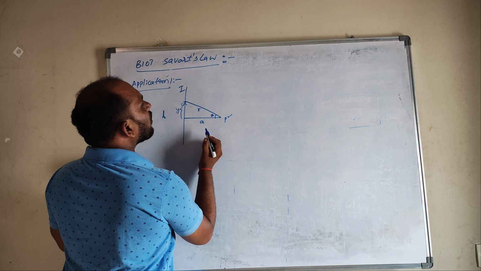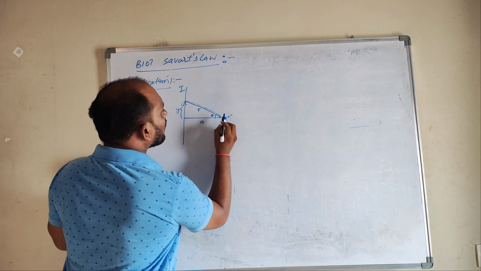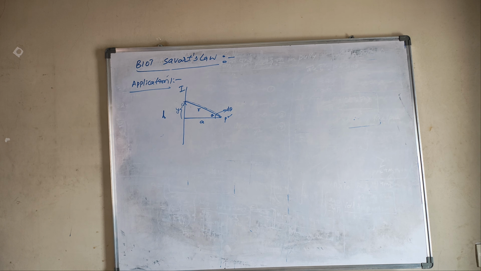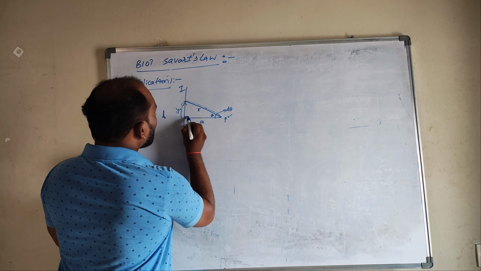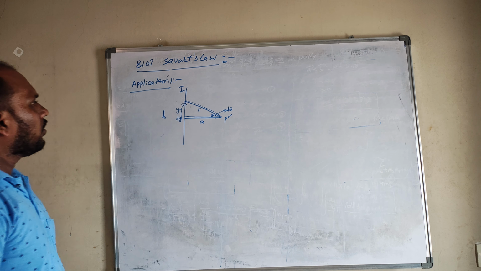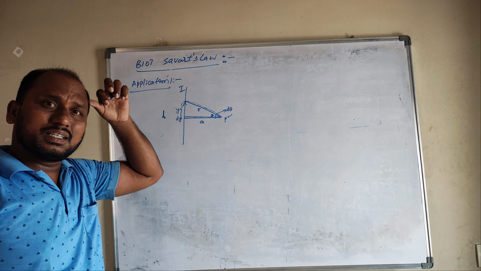Let us say this is R, and this is d theta, and this smaller part is dy. This is the small angle d theta.